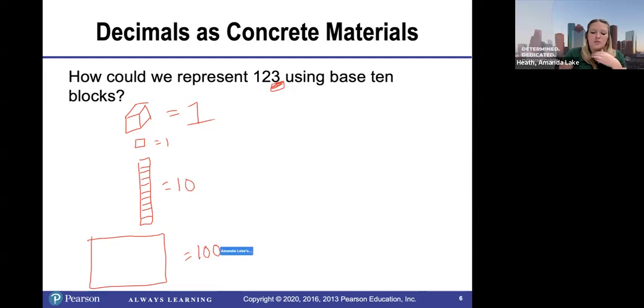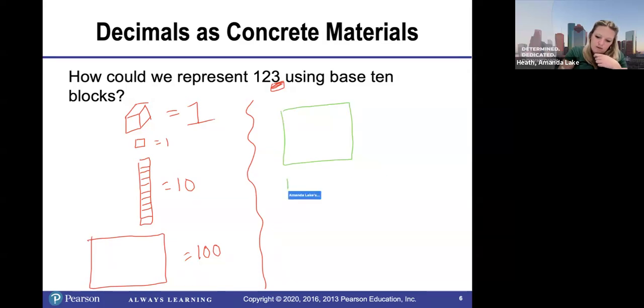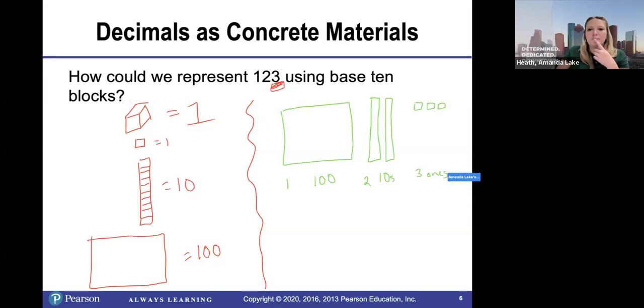So to represent 123, I can have one big block, that's 100, then 2 10's and 3 1's. This is one way I could represent 123 using base 10 blocks.